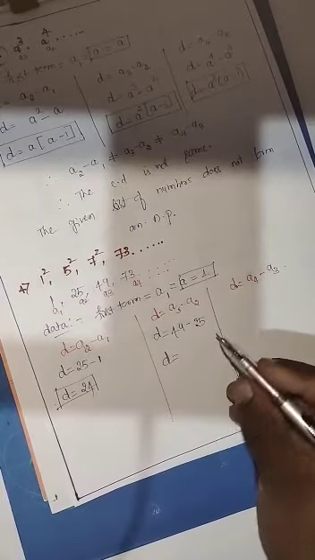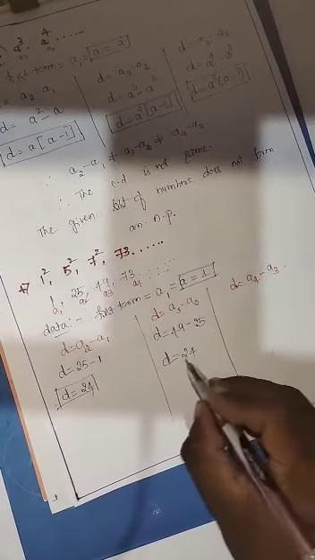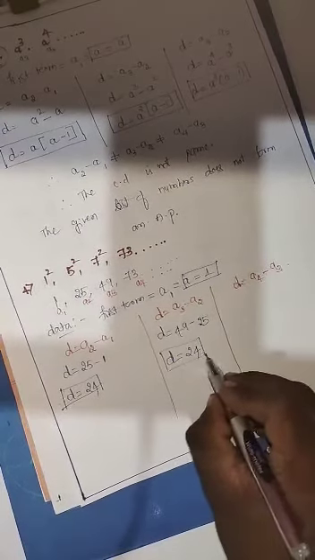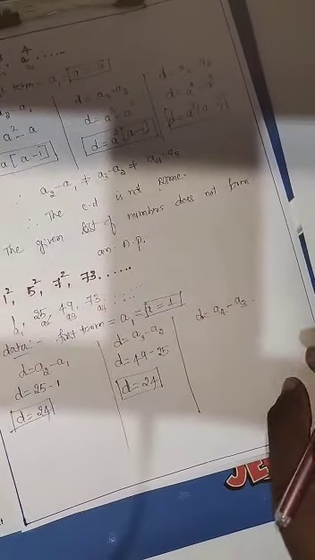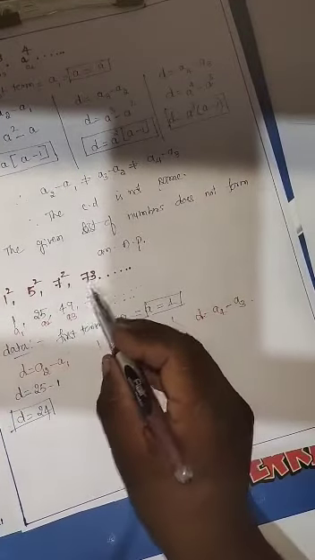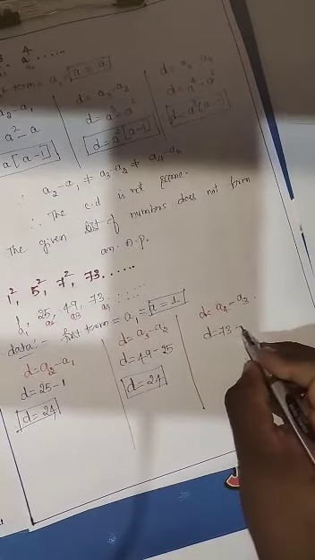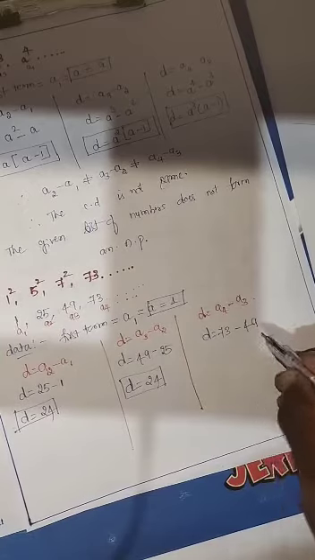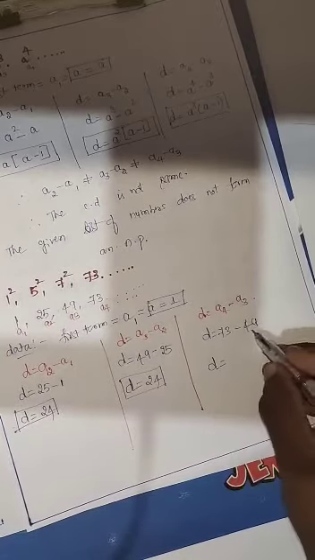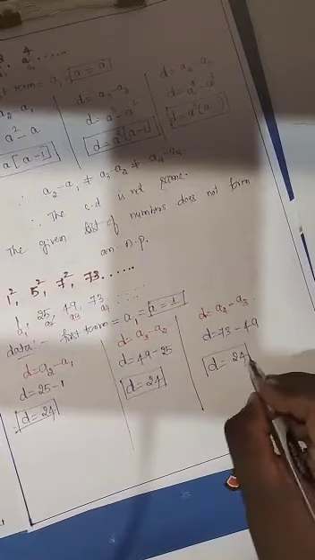Subtracting 25 from 49, again we get d equal to 24. Then the next set of consecutive terms, a4 and a3. Here a4 is 73 and a3 is 7 sevens, 49. So we subtract 49 from 73, and we get d is 24.